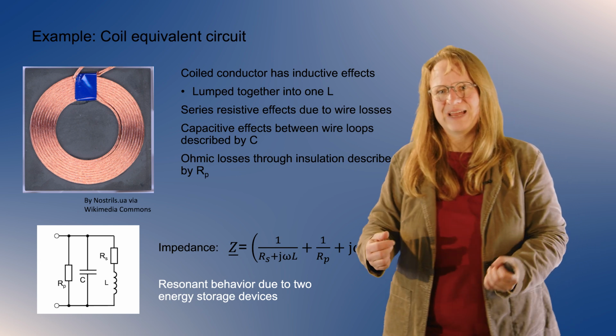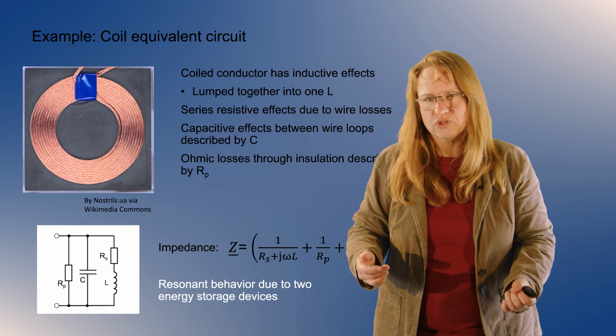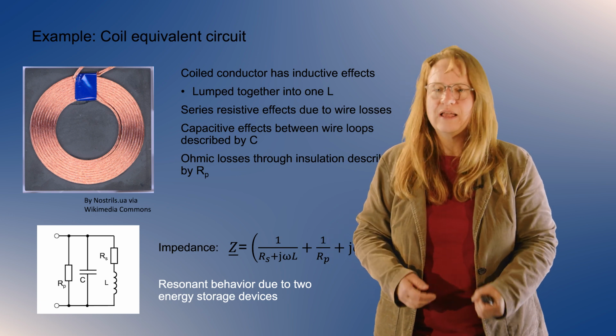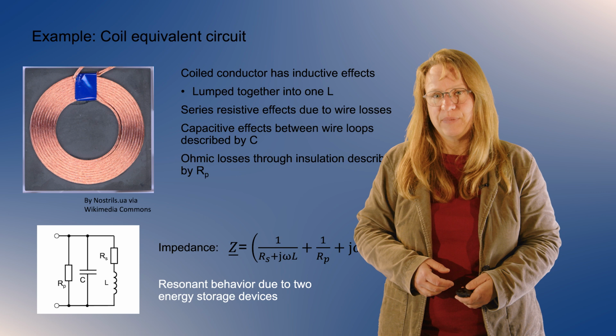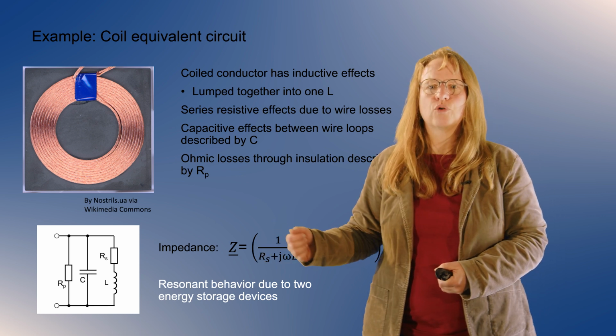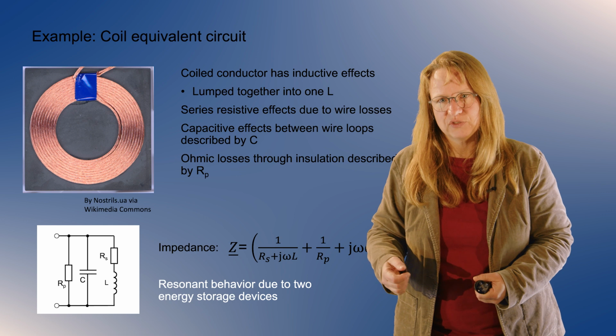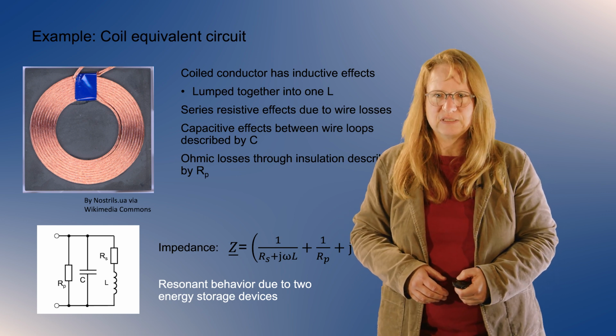So now you hopefully understand why a coil can also be considered as a resonant circuit. The resonant frequencies are just typically quite high. But what has to be considered always is that the impedance of a coil will be frequency dependent. So it will not be constant over all different frequencies.